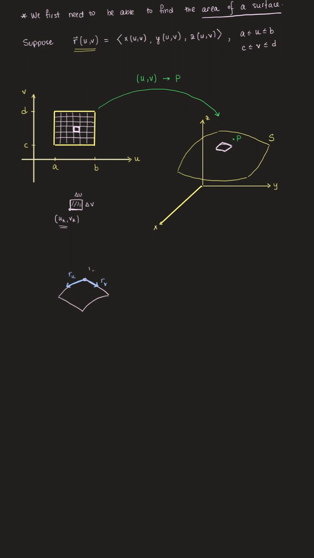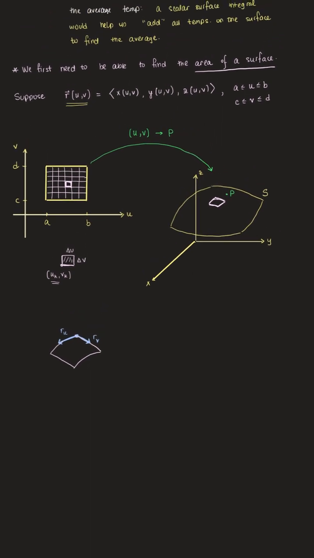We can find these little tangent vectors because all it would take would be going back to our parametrization and finding a partial with respect to U and a partial with respect to V. And that's just telling us, how is my surface changing as U changes? How is my surface changing as V changes, holding one or the other variable fixed?